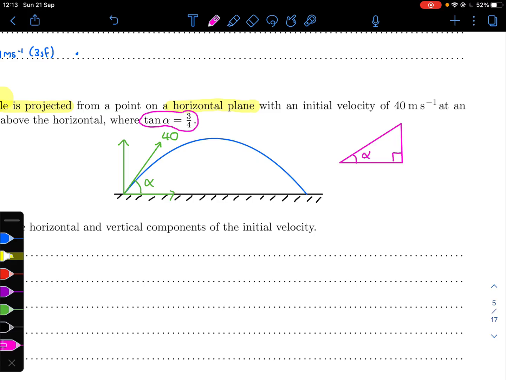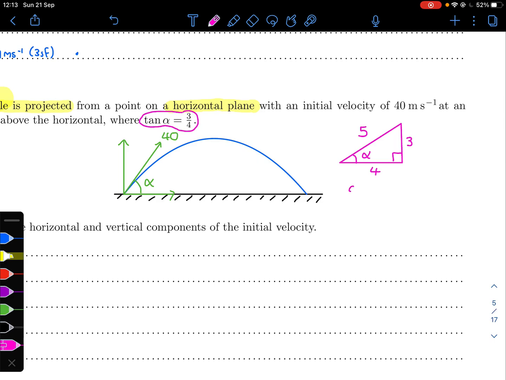So this is a triangle representing this part of my diagram. There's alpha in the same position, and we know that tan is opposite over adjacent. So 3/4 means it must be 3 as the opposite, 4 as the adjacent. And then a quick bit of Pythagoras, or recognising a Pythagorean triple, tells us that that must be 5.